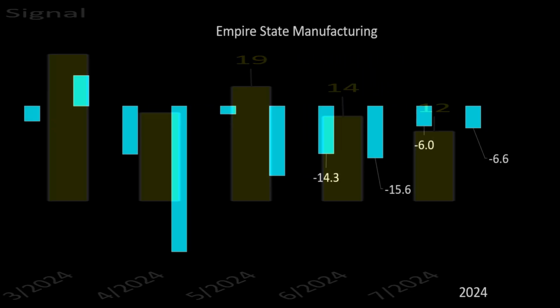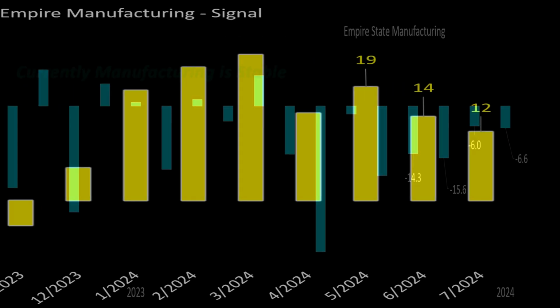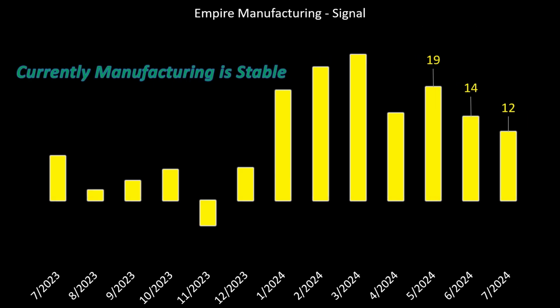Again, let's go back. We see negative 6.6, negative 6, negative 15. It's right around the same area. It's not going down quickly. It's negative, but it's not getting worse. It'd be better if it was positive, but it's definitely not getting worse, at least not to any strong degree. So that's why we have such low levels.